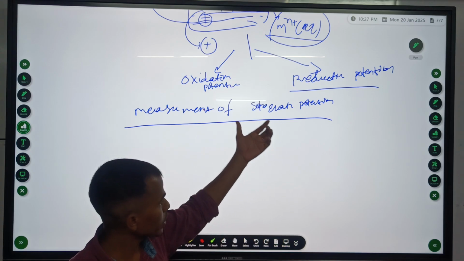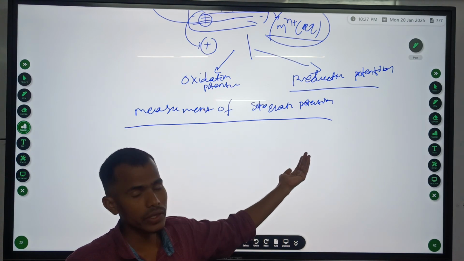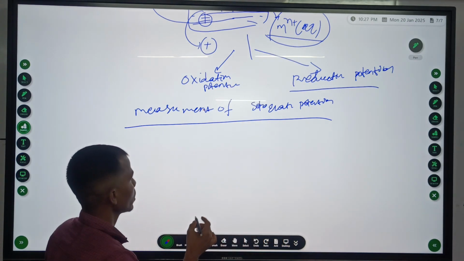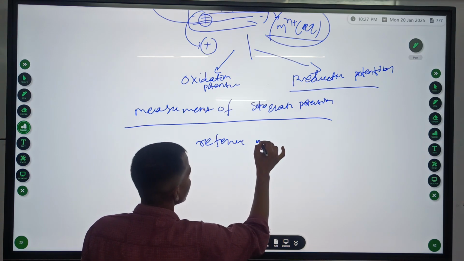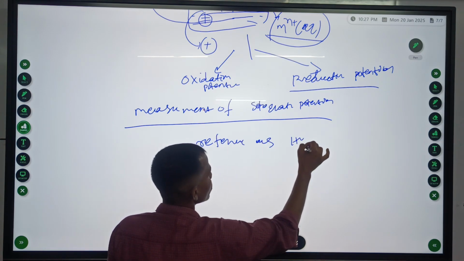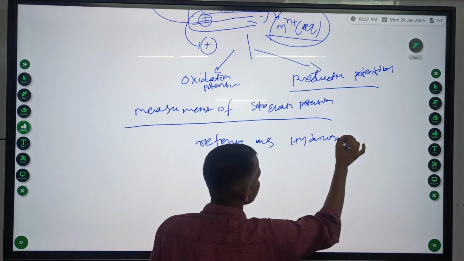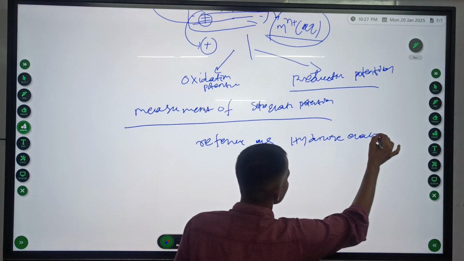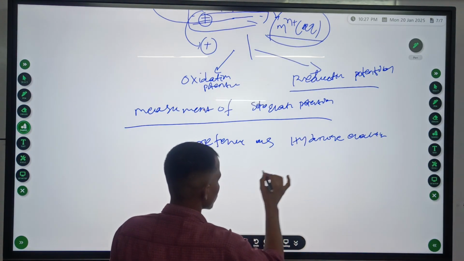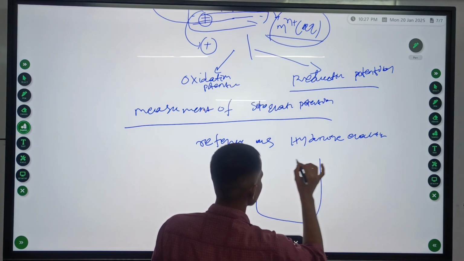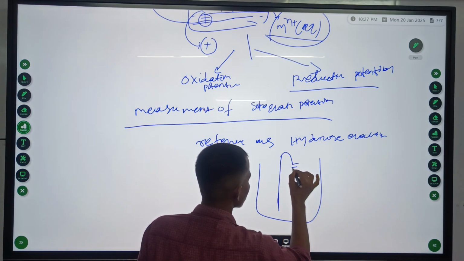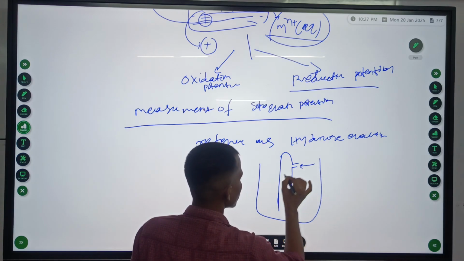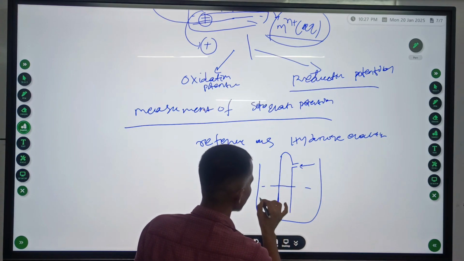We have to make a reference for this, and we take as reference the hydrogen electrode. This is an example of a hydrogen electrode.